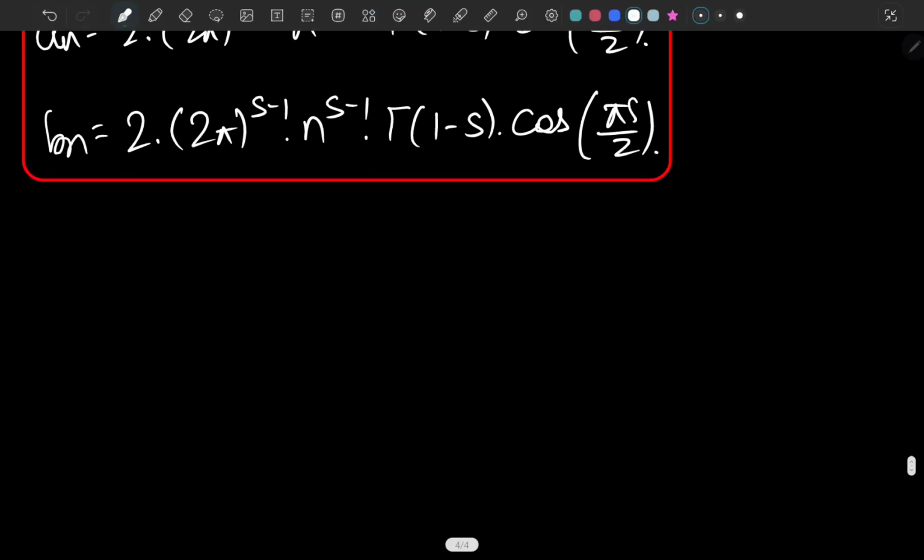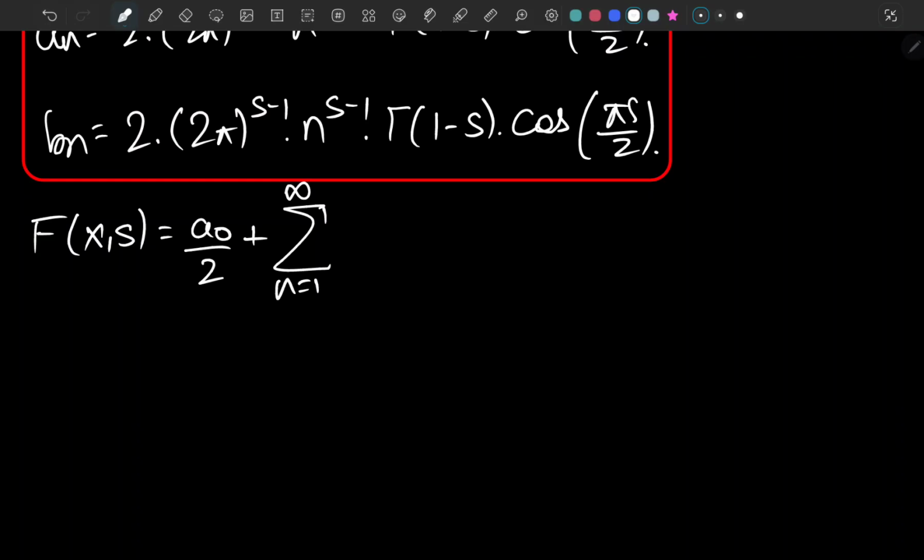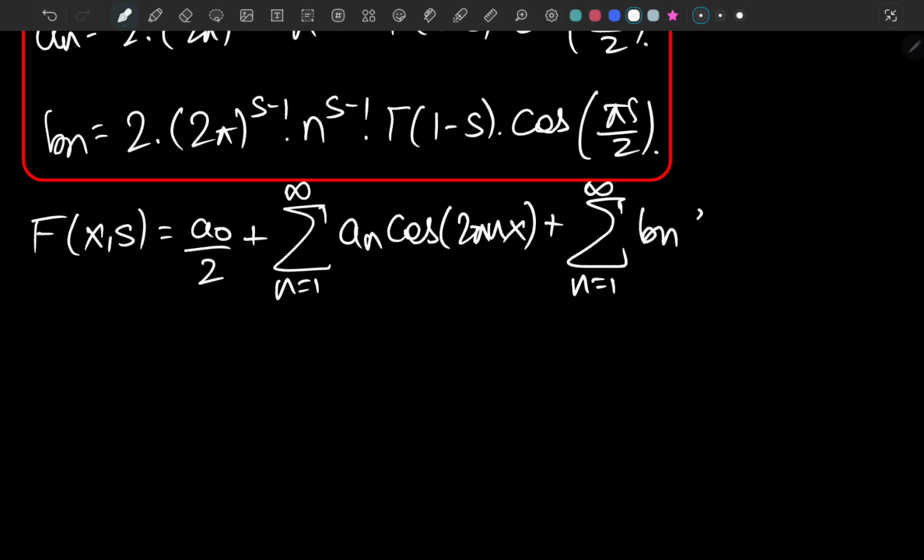Now let's get back to our Fourier series representation. We had f of x comma s as a naught over 2 plus the sum as n goes from 1 to infinity of a sub n cosine of 2 pi n x, plus the sum of b sub n sine of 2 pi n x, right?